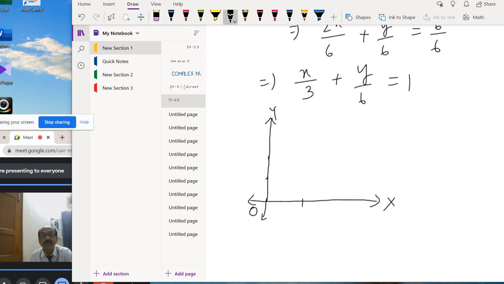And y is 6 units, suppose on the y-axis length 6 units. This is 6. Okay. Now join these 2 points. Practice in your graph copy, okay, always.